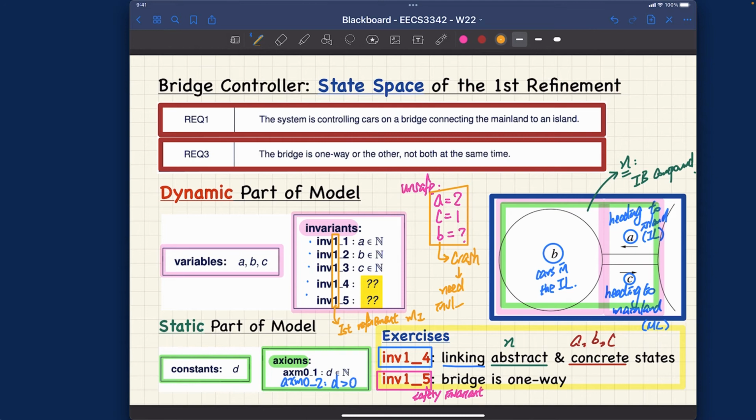We need invariant 5 to disallow such unsafe states from ever happening, right? So that's why invariant number 5 is very important. Okay, so now I got 2 exercises for you.